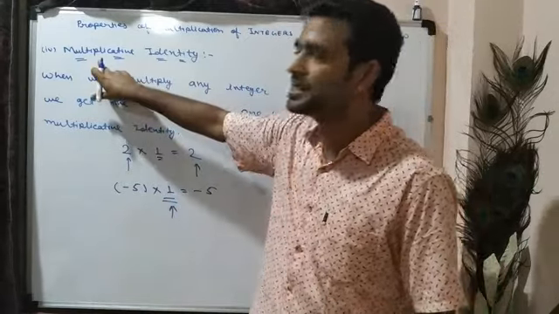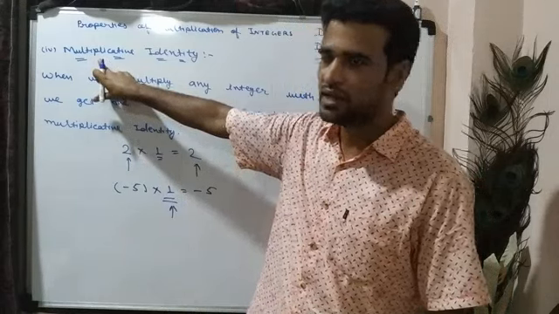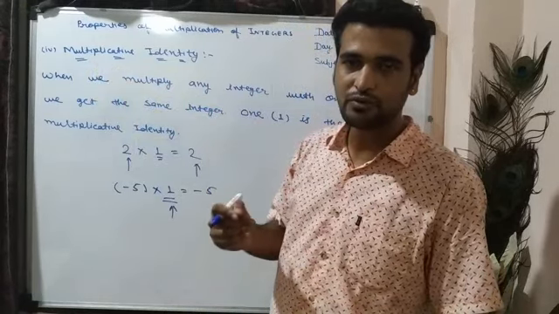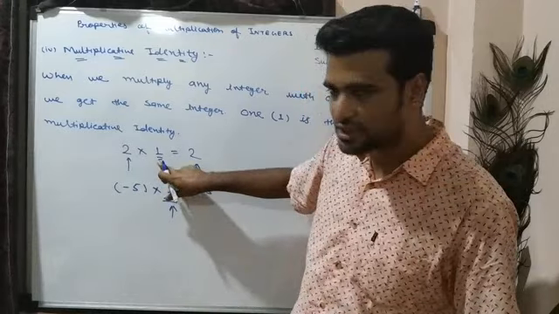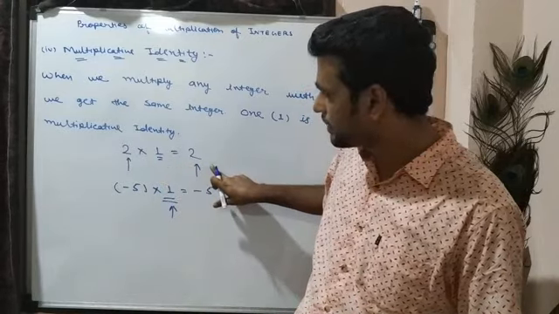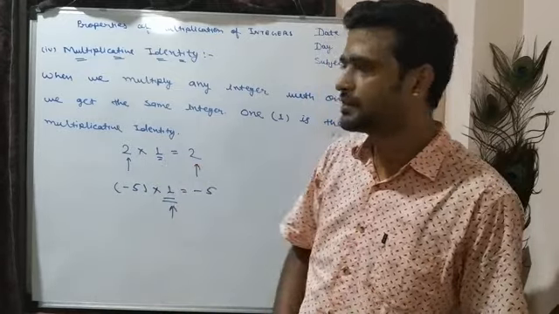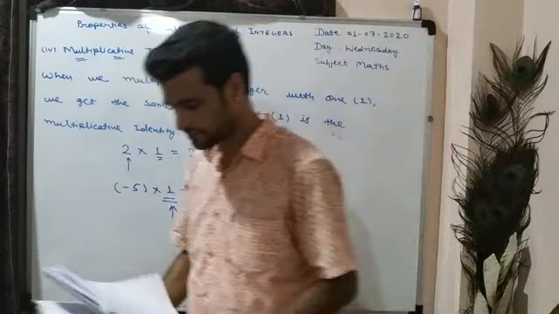And here we have multiplicative. Multiplicative means we will multiply with a number to get the same integer. So by which number should we multiply to get the same integer? 1. So here we can say 1 is the multiplicative identity.